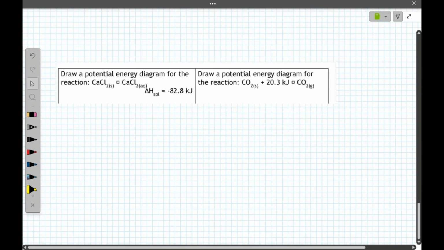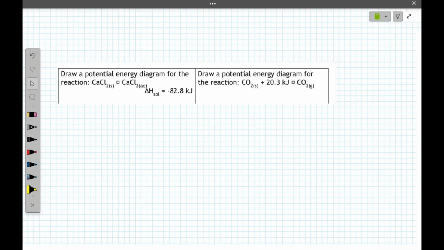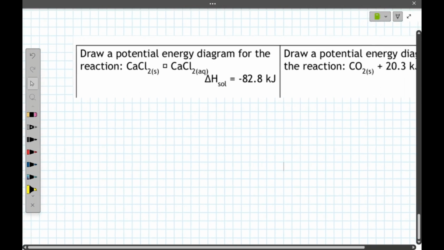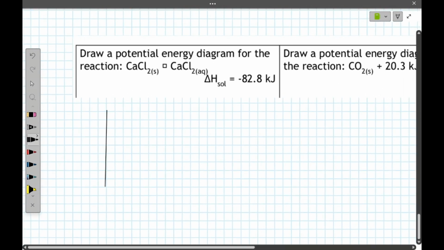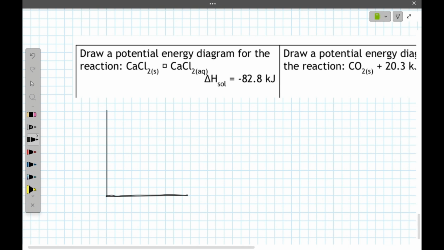Okay, so now let's do the second way to represent if it's exothermic or endothermic. So it says here, draw a potential energy diagram for the reaction of CaCl2 solid becoming CaCl2 aqueous. Okay, so what we are doing here is, first let's make our diagram. Of course, you have to label it potential energy and then reaction progress.